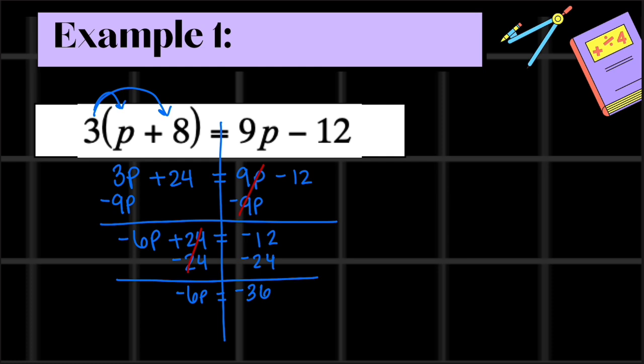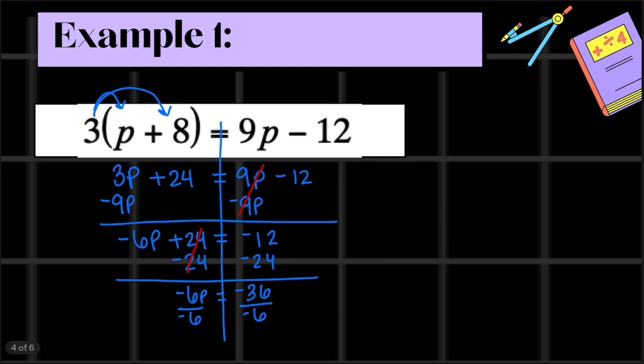Now my last step is to isolate the variable. Right now I have negative 6p, which is negative 6 times p. Since that's multiplication, I can isolate the variable by doing inverse operations. The inverse of multiplication is division. So I'm going to divide both sides by negative 6.